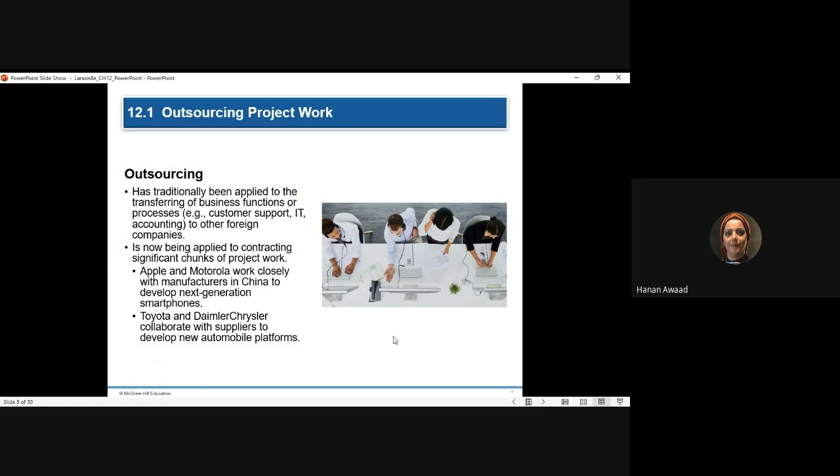What's the most common example of this? The first thing that comes to your mind, other than subcontractors. Come on, guys, have some coffee.